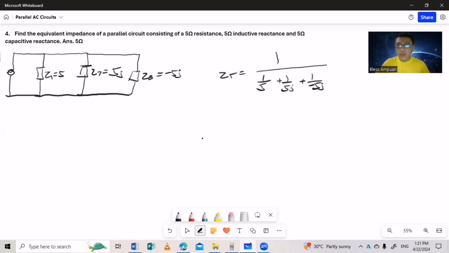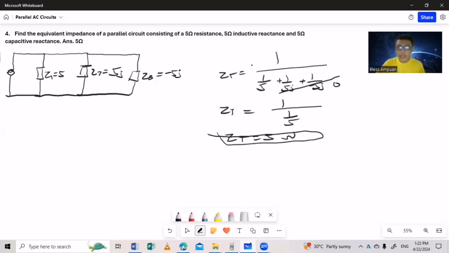Overall, this is cancelled, so this will become 0, because they are the same value but the sign is different. Therefore, our Z total is equal to 1 over 1 over 5. Simplifying, our total impedance is equal to 5 ohms, without using your calculator.